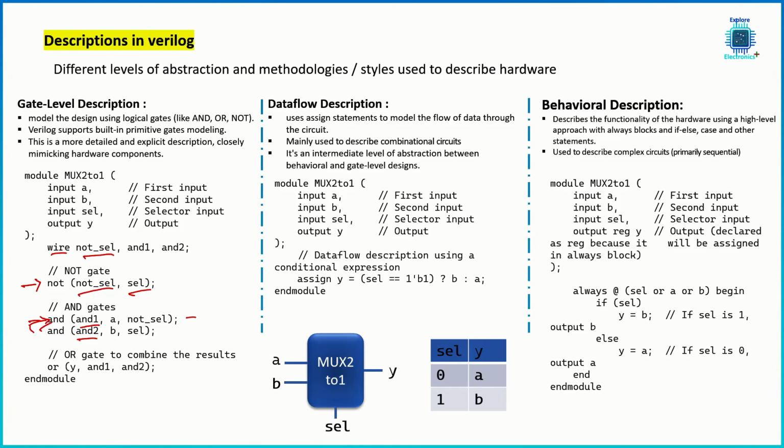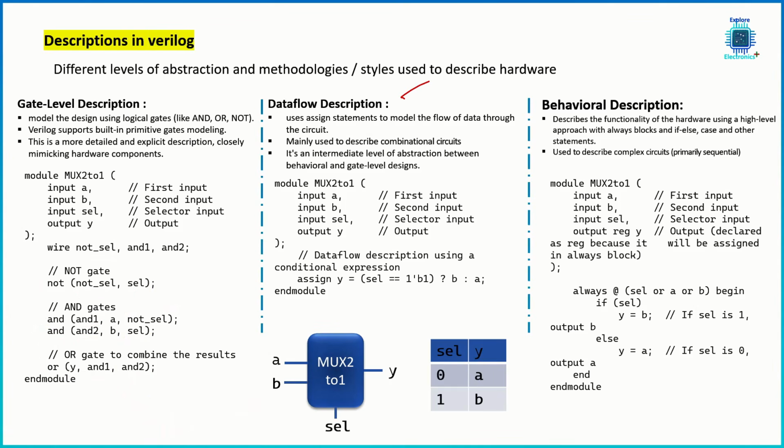For the inputs of the first AND gate we give A and not_select, and for the second AND gate we give B and select. That is how we write the gate primitives. First we write the output, and then the inputs required. So if you want to implement one AND gate with A, B and Y, our code will be and, then within the braces Y, comma A, comma B. That is how it goes.